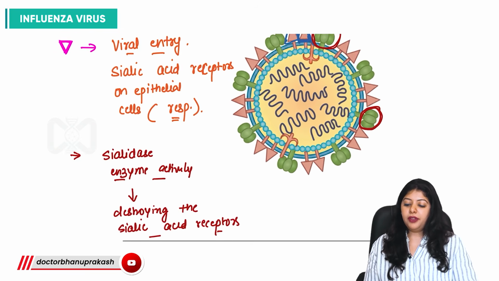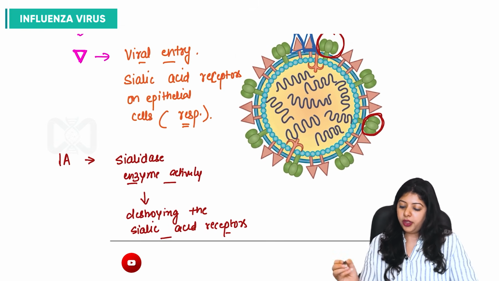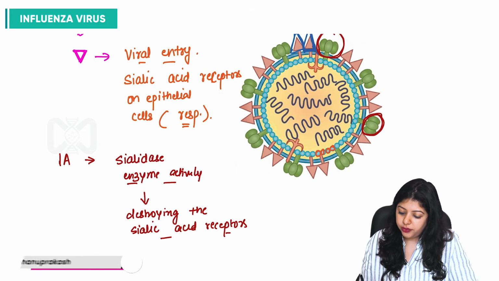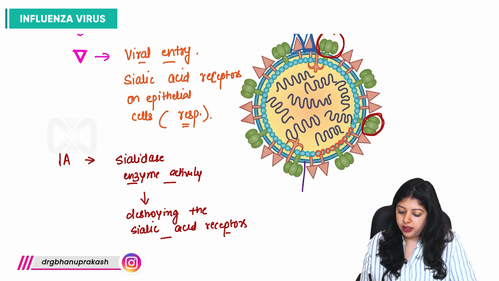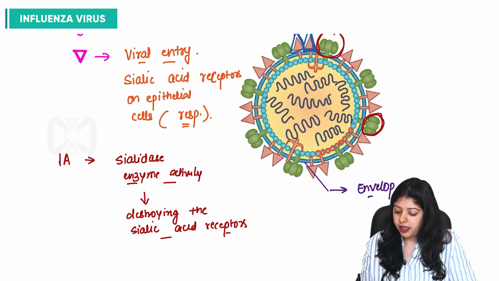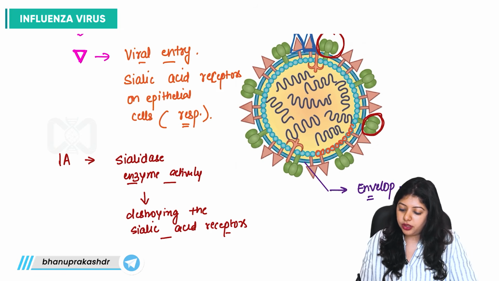Right? And when you're talking about the matrix proteins, we have M1 and M2. So M1 is these round structures present beneath the envelope. Say, for example, this double line blue structure is the envelope, and the layer beneath the envelope are these small globular structural rings.